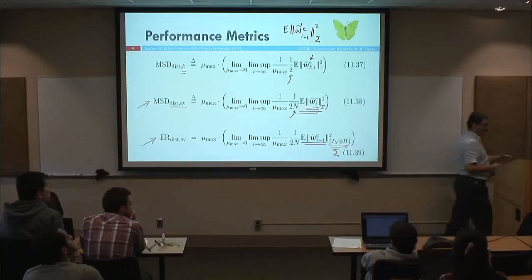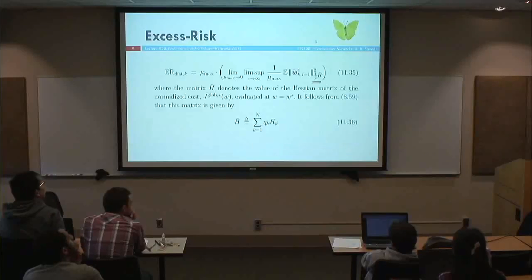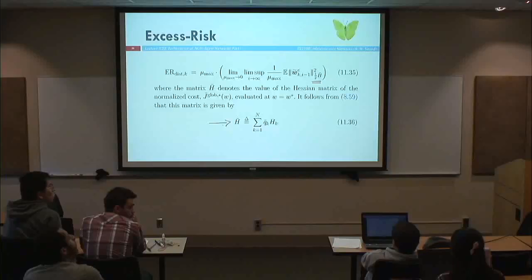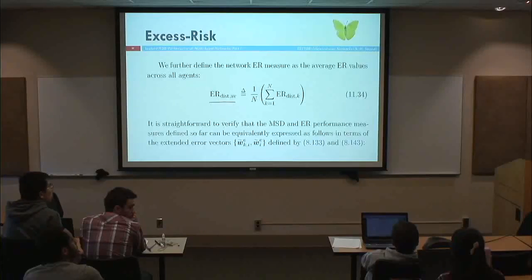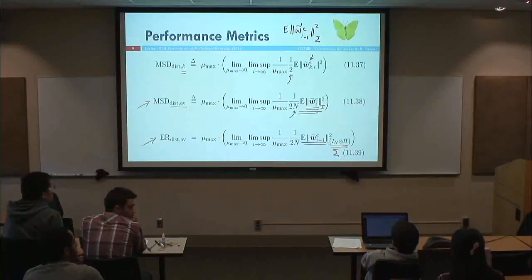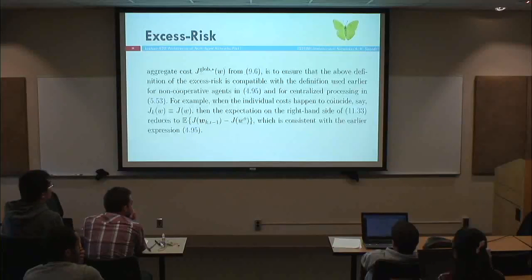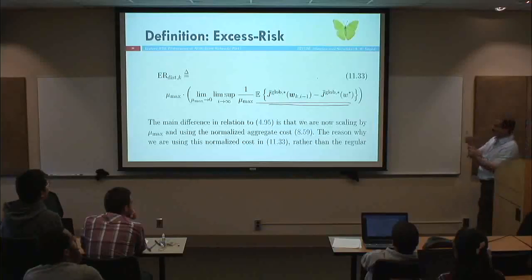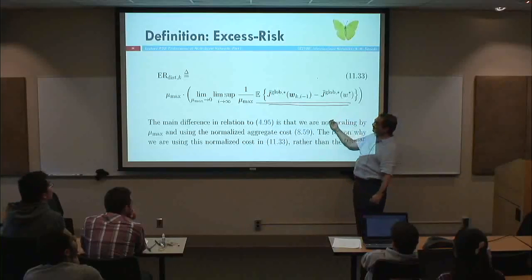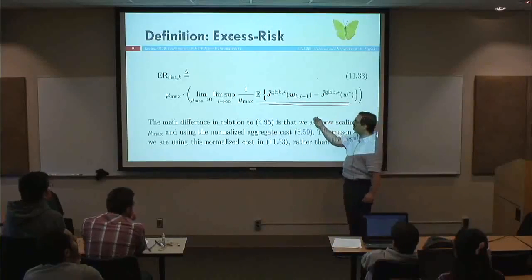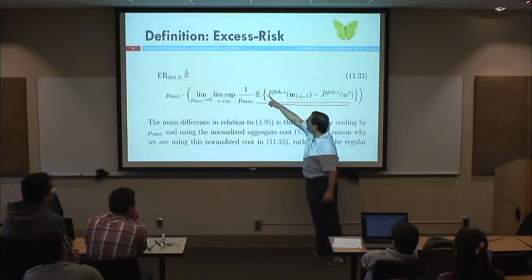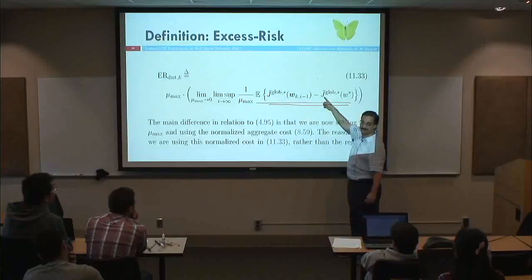Yes, this is the Hessian matrix, right? This is the Hessian matrix for the global cost, right? So that means that the excess risk, there's no notion of an excess risk over the network being the average of the excess risk across the nodes. You already have all the nodes. Oh yeah, this H bar, yes, because here, the way the excess risk was defined, it is not how close the individual cost gets to the individual cost.